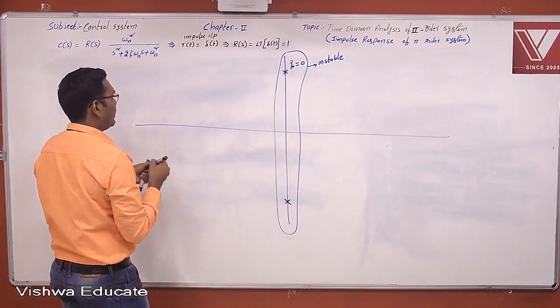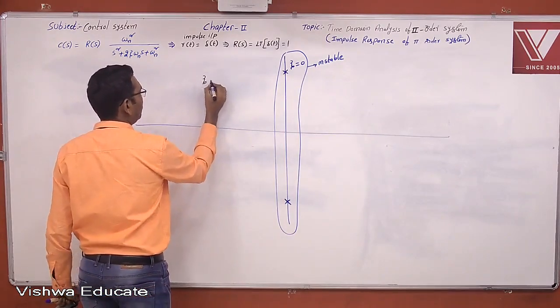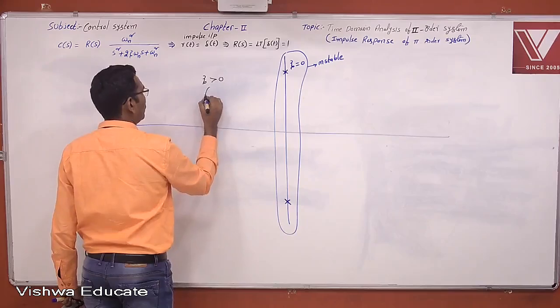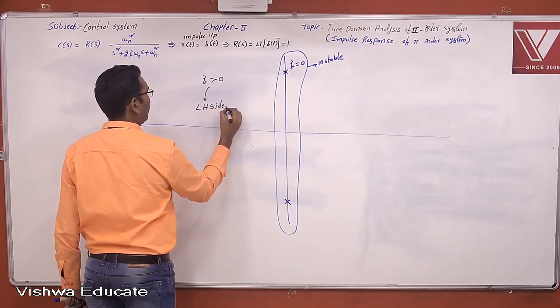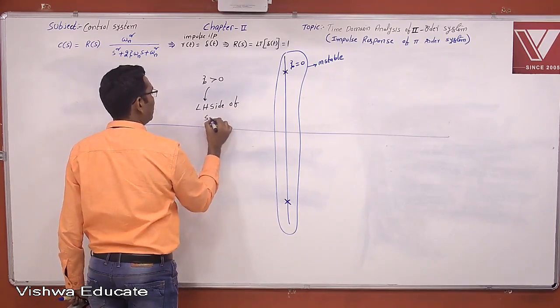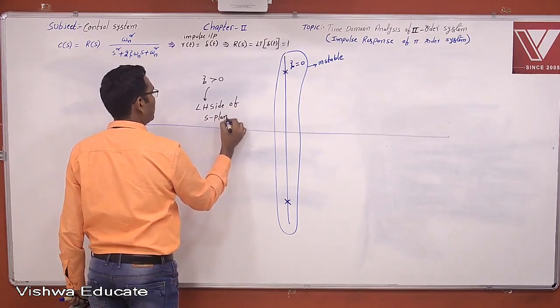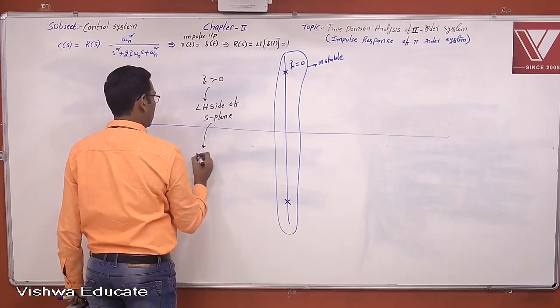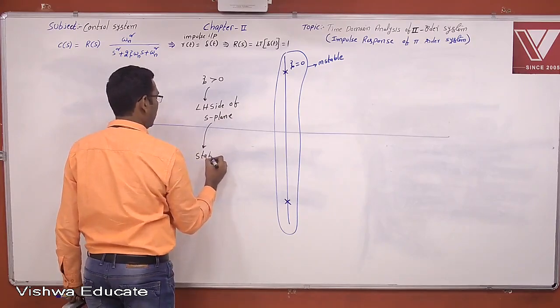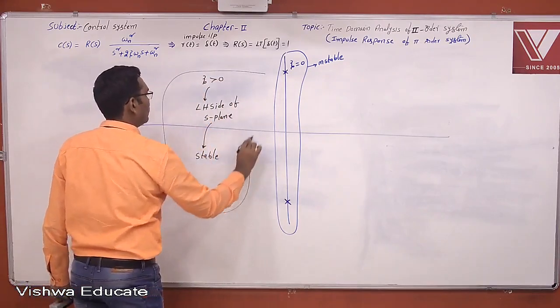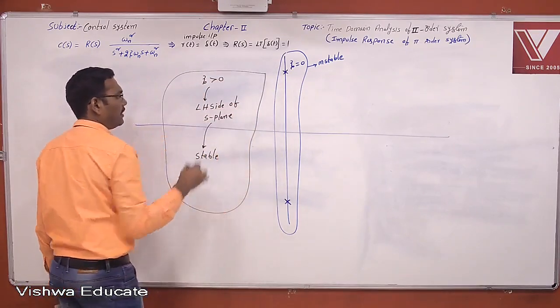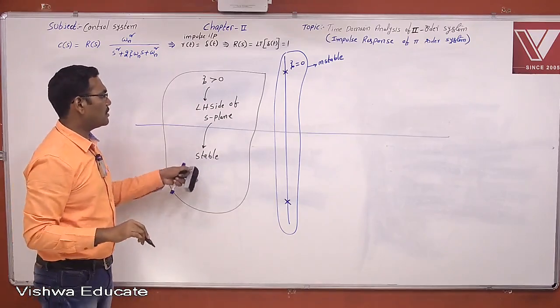But when damping factor zeta is greater than 0, poles lie on the left hand side of the S plane, and the system is stable.